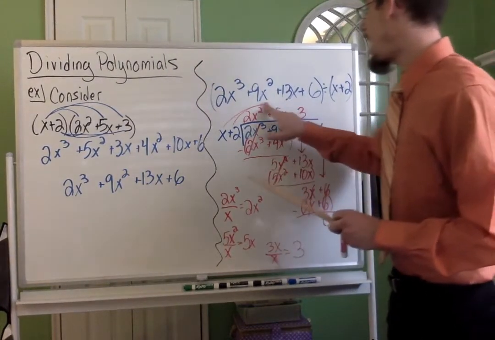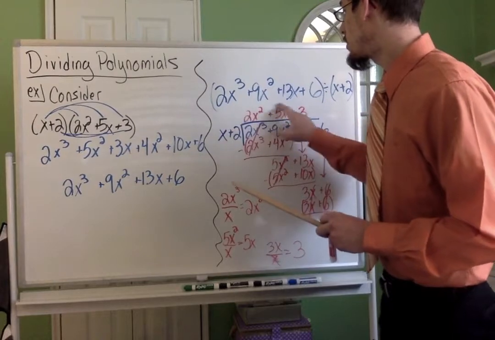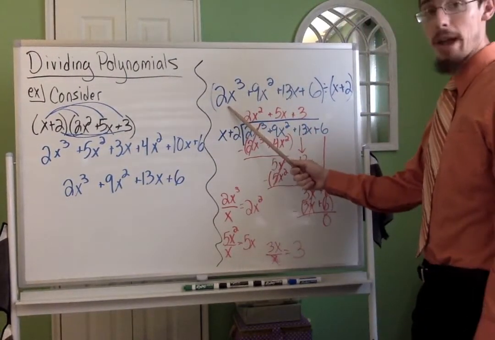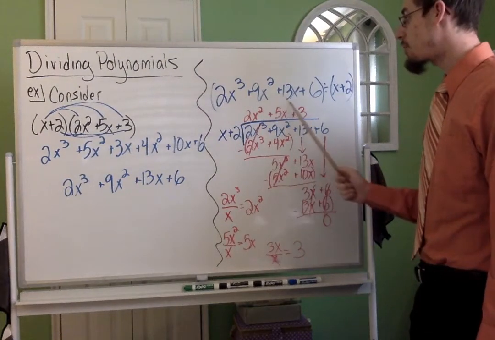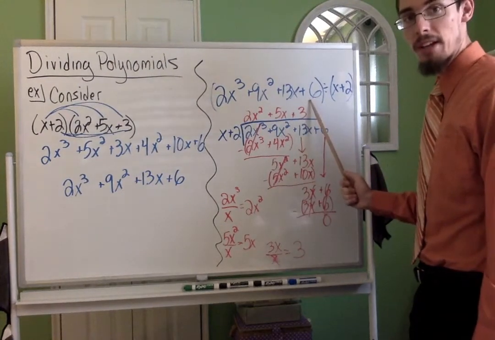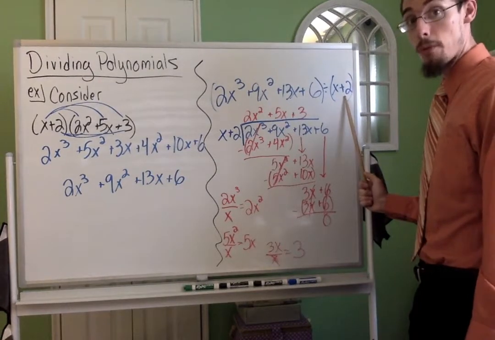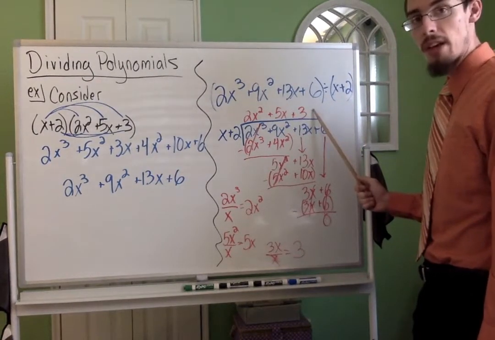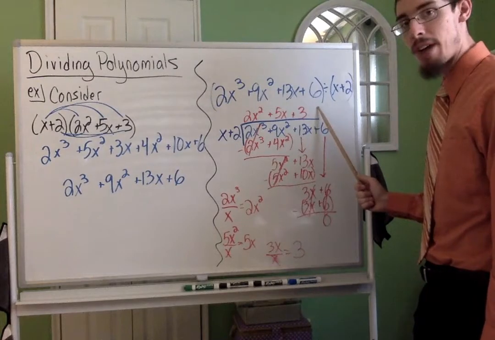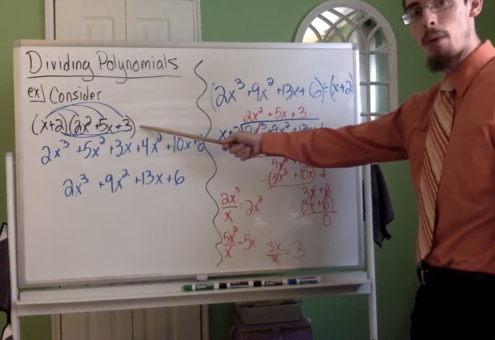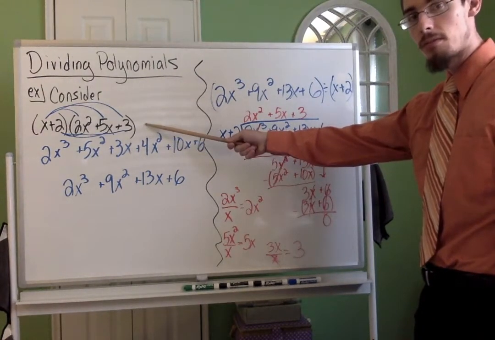So what that means is that the result of taking 2x cubed plus 9x squared plus 13x plus 6 and dividing it by x plus 2, look at what you get: 2x squared plus 5x plus 3. Isn't that what we had over here in the first place?